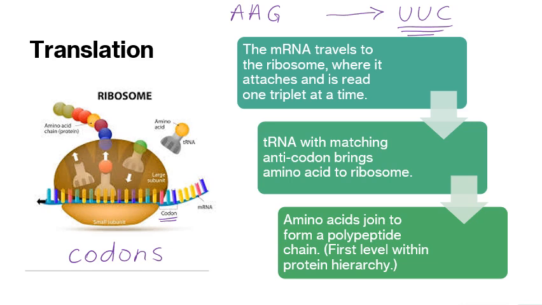And you can see that as the amino acids are brought, there's sort of these little balls here. They end up creating a polypeptide chain, which is the first level of protein hierarchy. It's the first stage of making a protein. Our tRNAs will then just go back off into the cell.